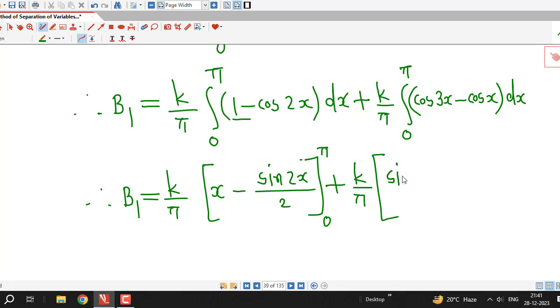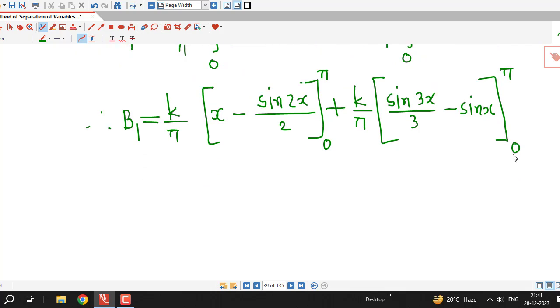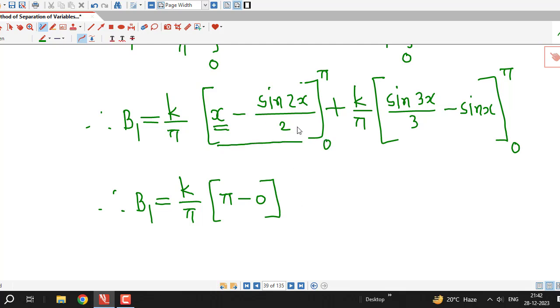Integral of cosine 3x is sin 3x divided by 3. Integral of cos x is sin x. Limits are from x equal to 0 to x equal to pi. And suppose for the first bracket, if I take x equal to pi, then I will have pi minus sin 2 pi divided by 2, but sin 2 pi is 0. And for lower limit it will be 0.